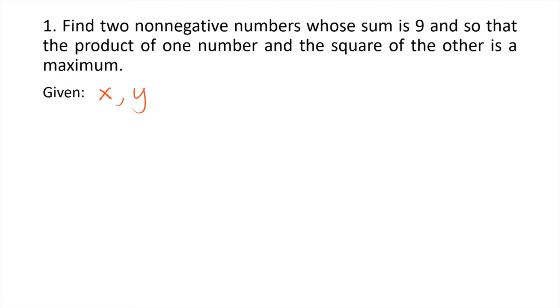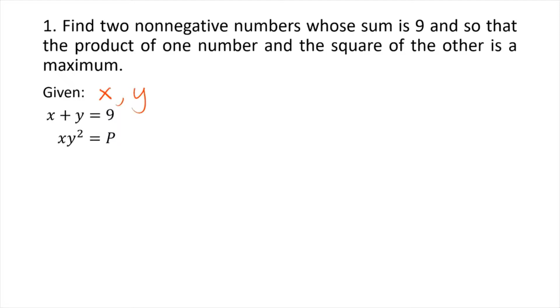The sum of x and y is 9, so we have our first equation. Let's denote the product as p of one number, let's say that's x, and the square of the other, so that's y squared, is a maximum. So x y squared is equal to p.